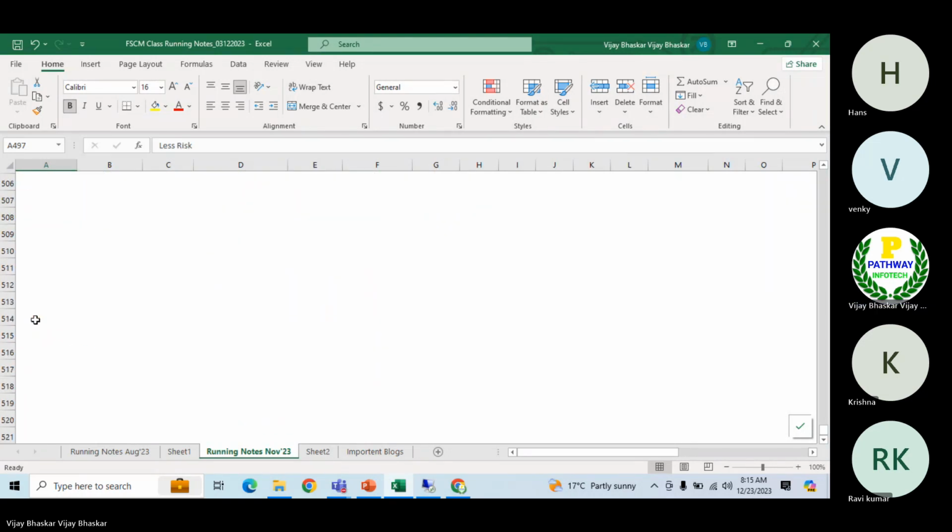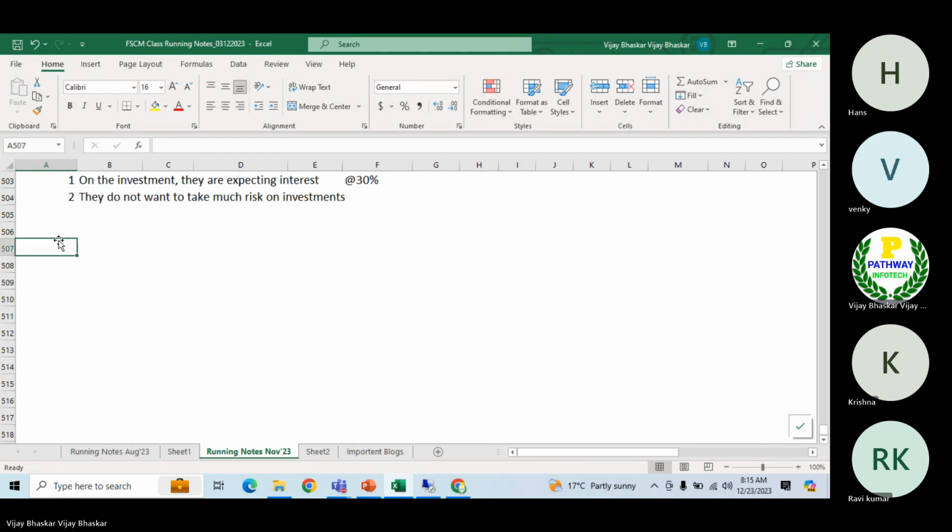Now, let us start with the money market. Money market is a part of treasury and risk management. Under money market, what are we going to discuss?